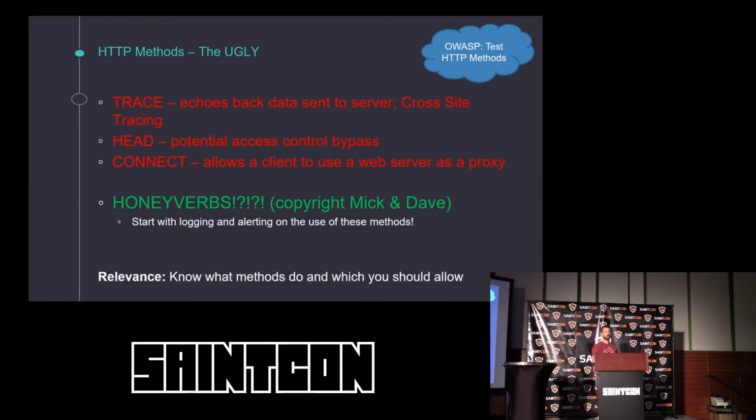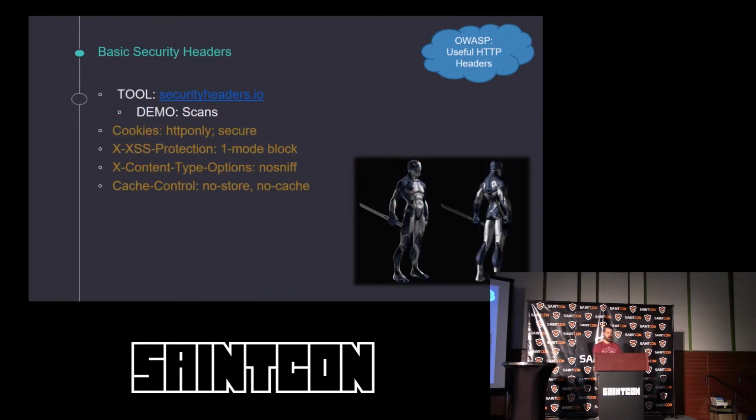Well, what if we actually enabled them, but we were logging and alerting every time somebody was using that method? That might tell you when somebody is either scanning your application or trying to maliciously use those methods. So, that's copyright Mick and Dave. Nobody can use it. Just kidding. So start with logging and alerting on some of those methods and be aware that there are vulnerabilities and issues associated with them. So know what these methods do and which of them you should allow.